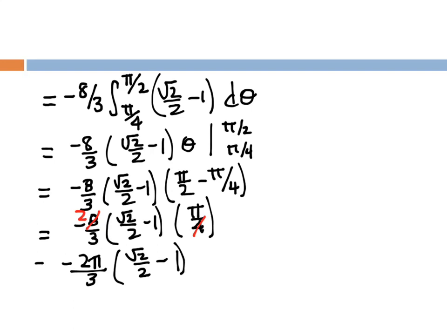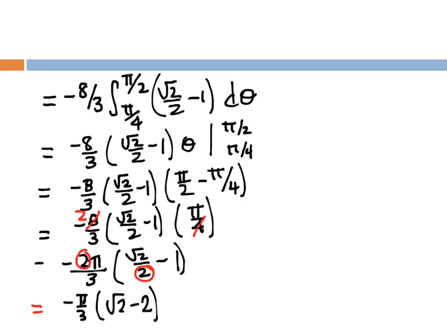Now some of you might be thinking, man, it looks like a really complicated mess. Isn't there anything we could do to simplify that? There are some things we can do. I'm not sure it's going to get a whole lot simpler, but we could certainly deal with that. One thing in particular is that I could multiply this 2 through over here, recognizing that this is just going to be the number 1. If I multiply the 2 through, I get -pi over 3 times the square root of 2 minus 2.